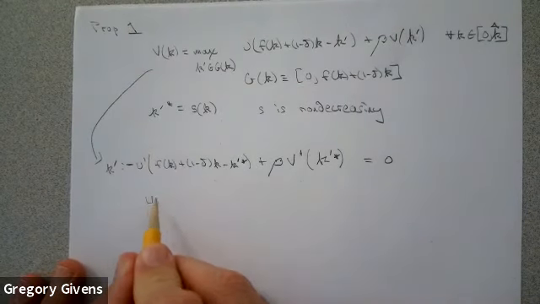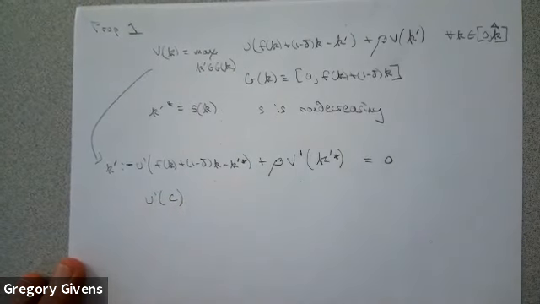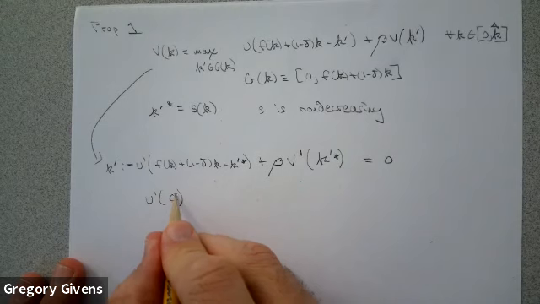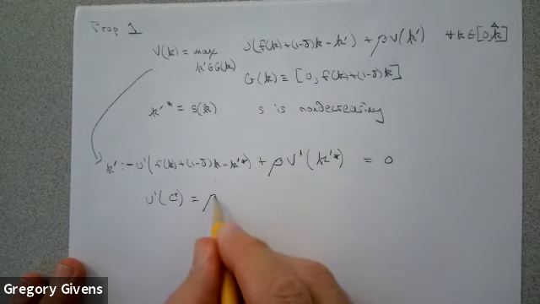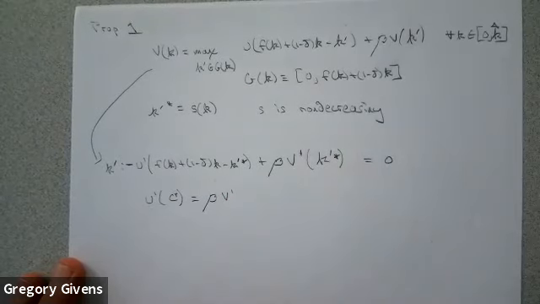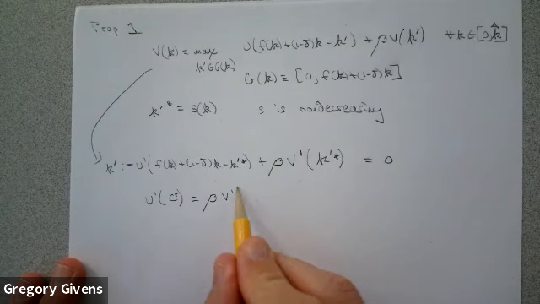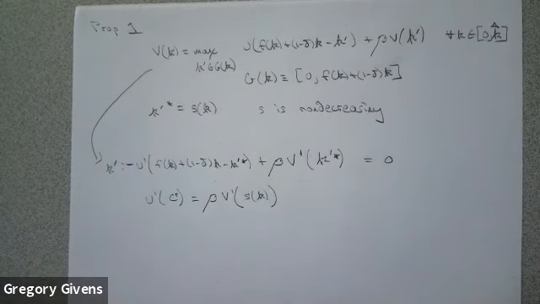So this is U prime of C, and this would just be the optimal value of consumption, equal to beta times V prime of, let's see, K prime star is S of K, right? That's the time invariant policy function for K.